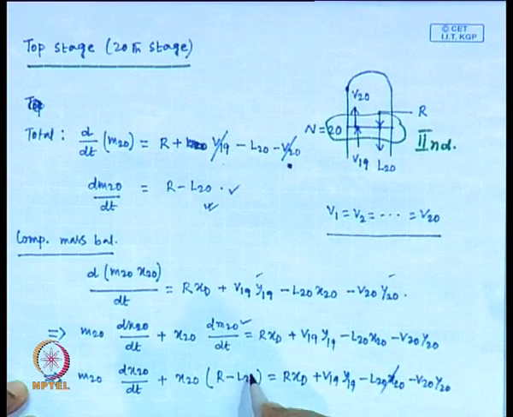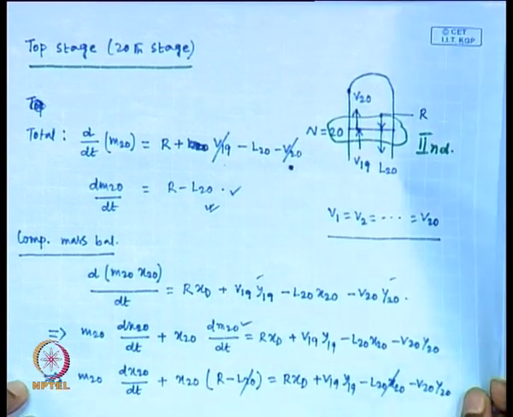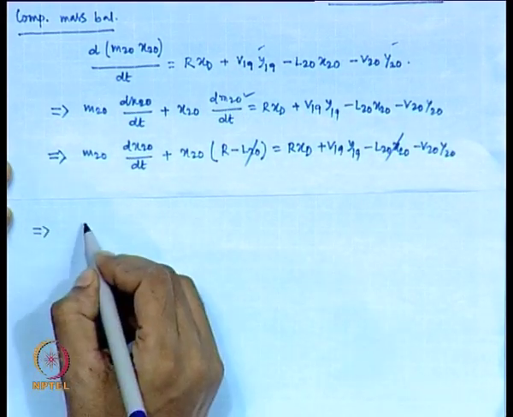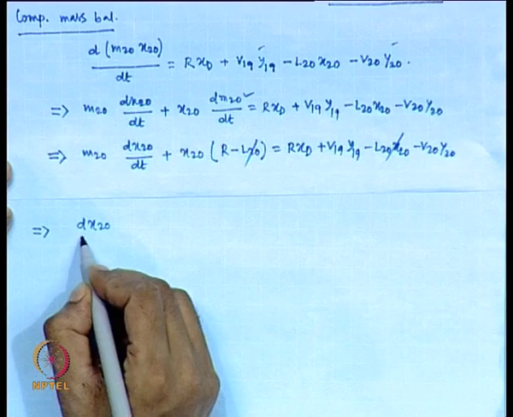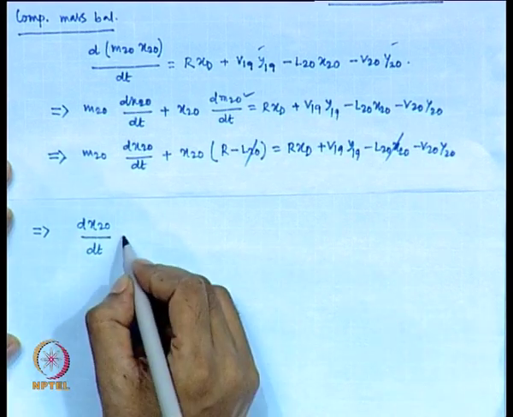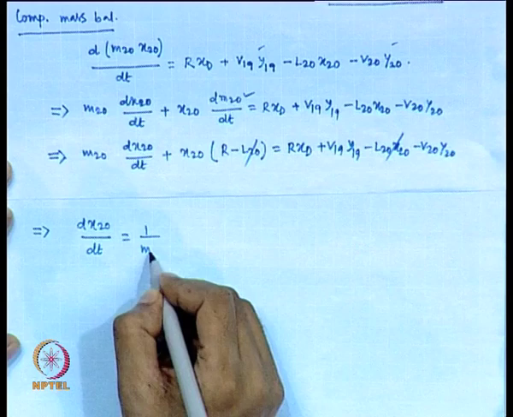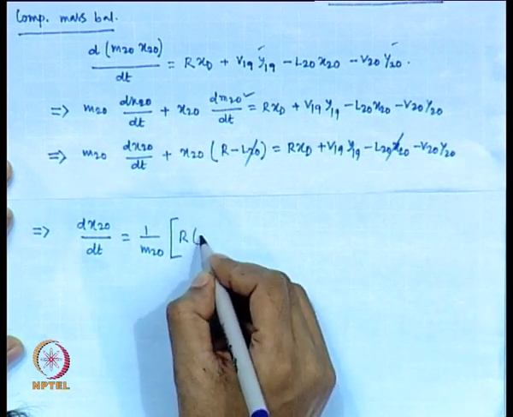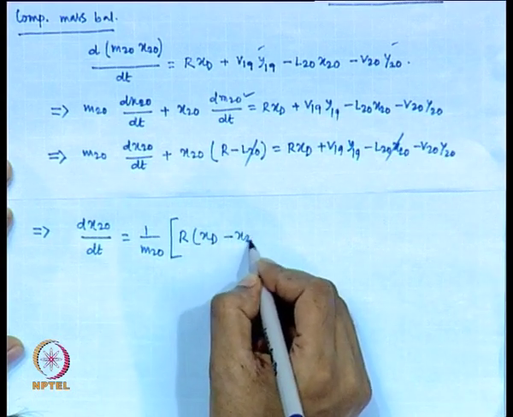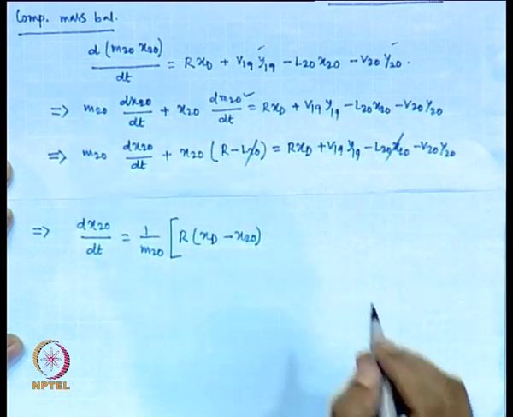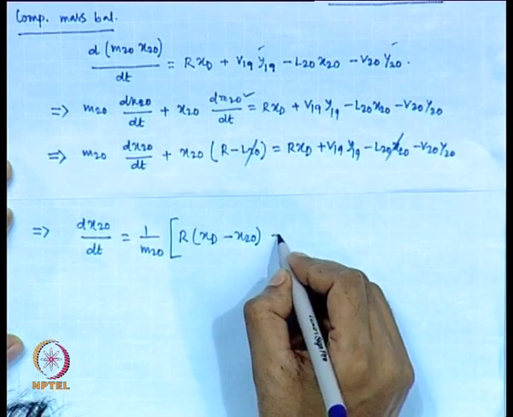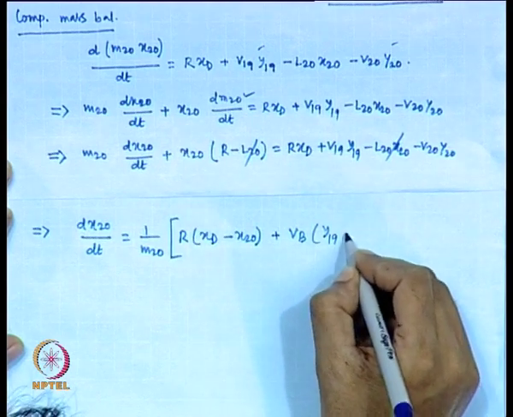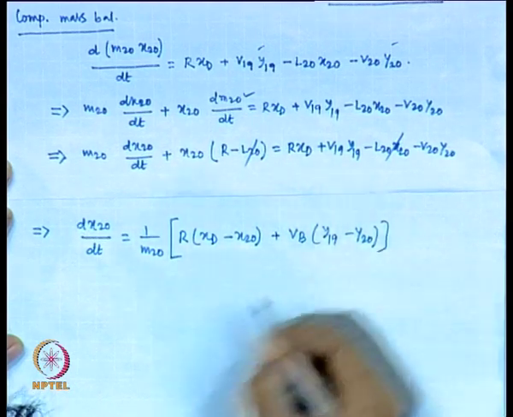So, L20 X20 is cancelled out. So, finally, we will get dx20/dt equal to 1 by M20 times R (xD minus x20) plus V (Y19 minus Y20).